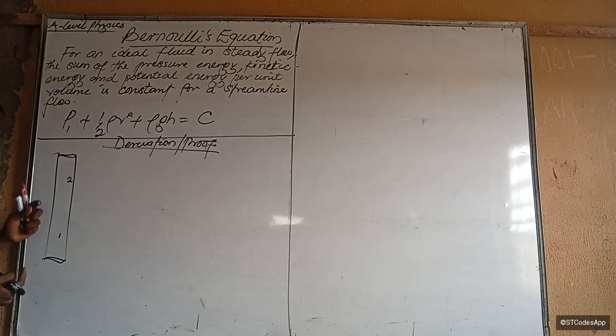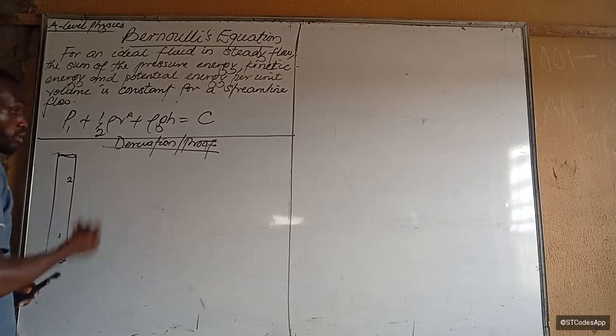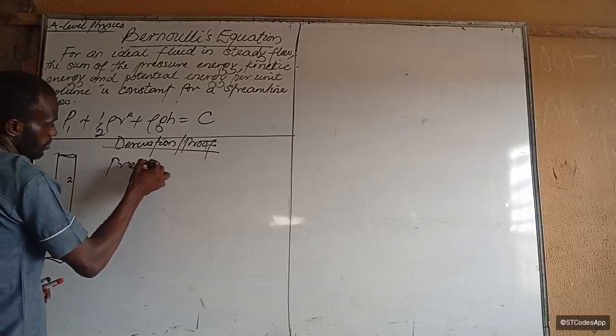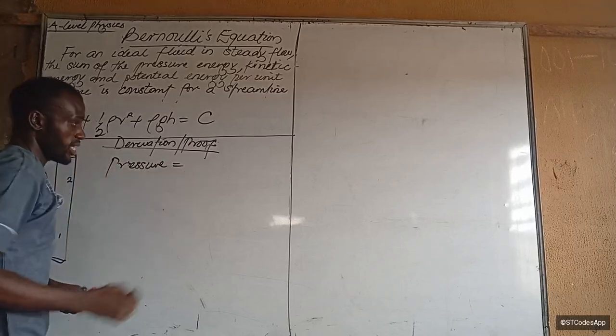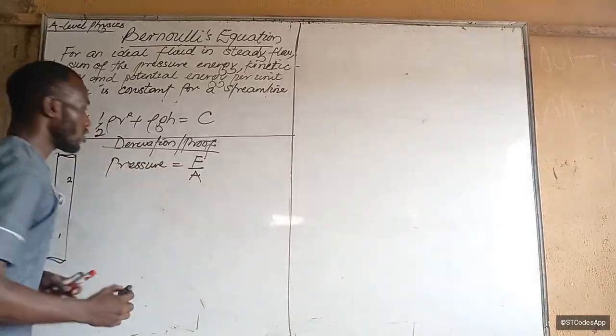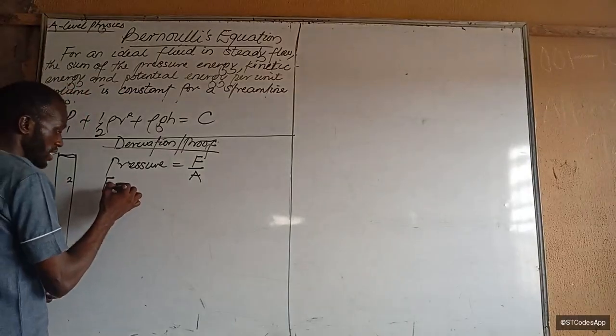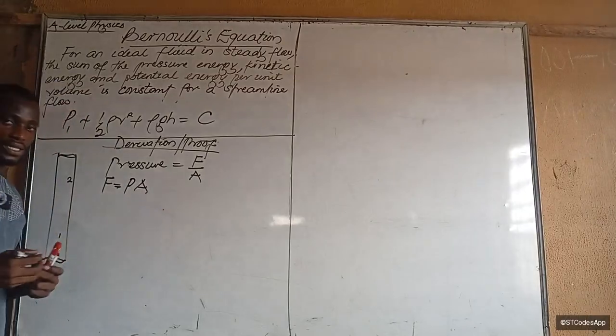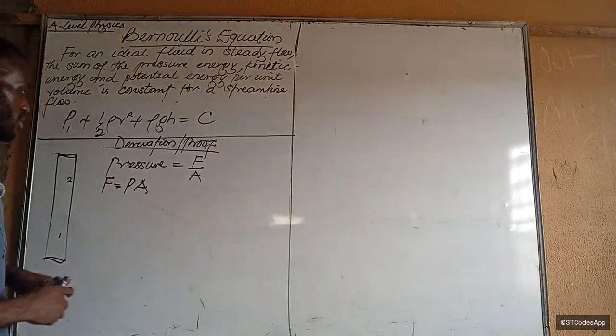Now it's going upward, keep that in mind. Now the pressure in the fluid is going to be the force per unit area, isn't it? So the force on the fluid is going to be pressure times area. Does this make sense? Good.